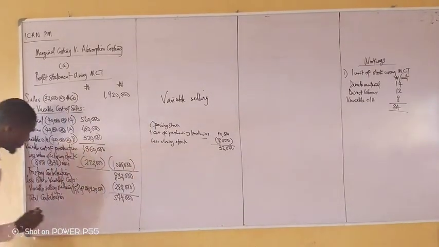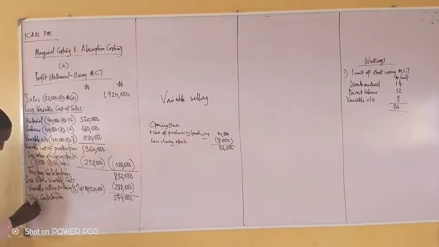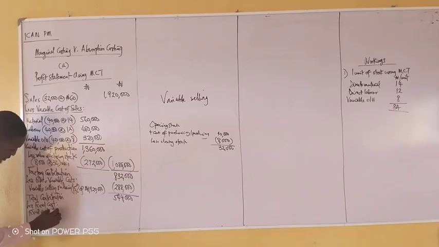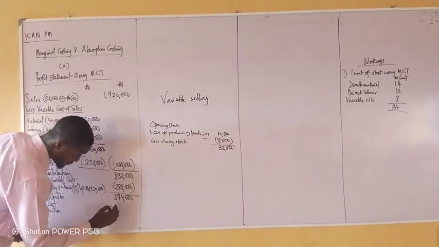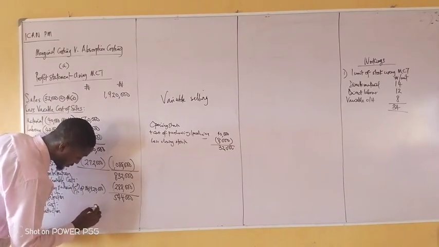From the total contribution, we now less fixed cost. The fixed cost includes fixed production cost. Fixed production cost is 216,000.